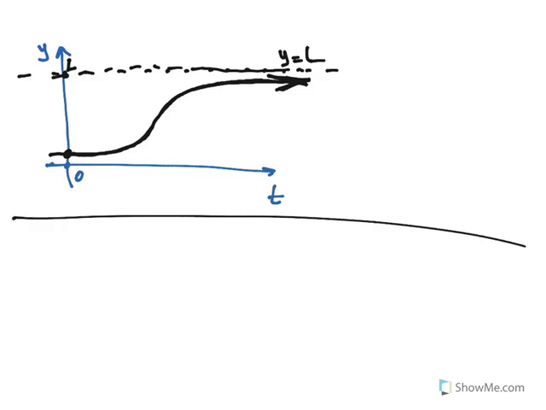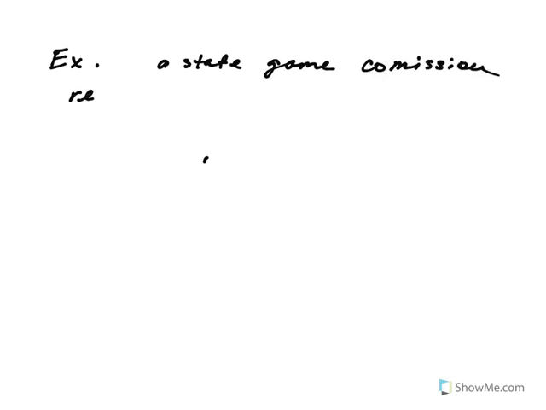So now let me show you a few examples. Actually, I'm going to use a new page. A state game commission releases 40 into a game.